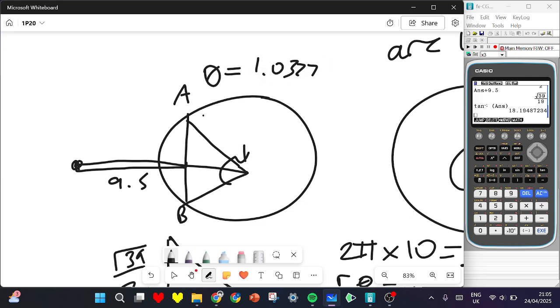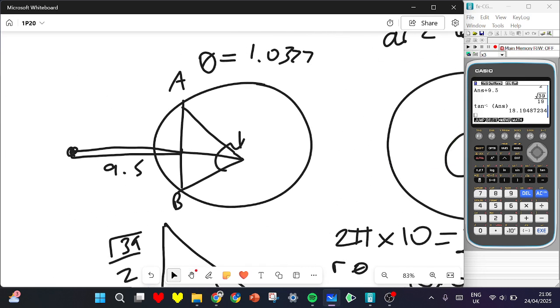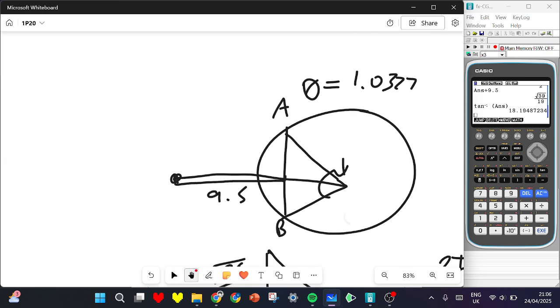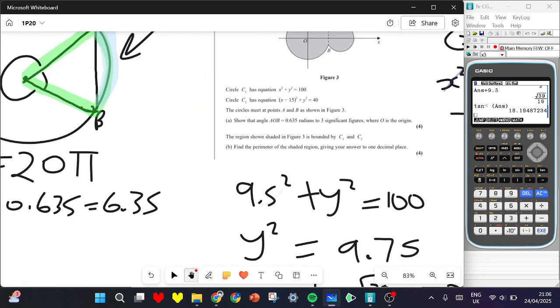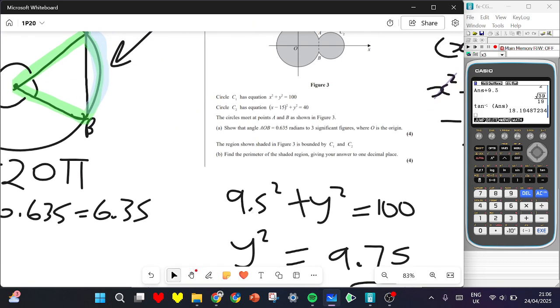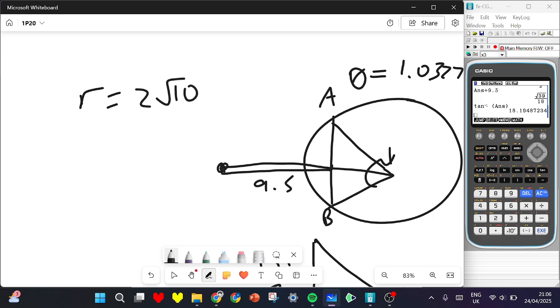And then we can do the same thing that we did over here. So you can either find that angle and do that one, or do the sector thing. I'm going to do the sector thing here. So for the whole circle, this one has the radius squared as 40. So this one's radius is going to be root 40, which is 2 root 10.